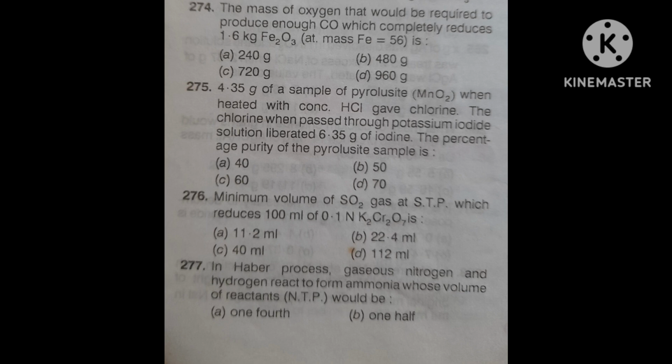Write the reaction N2 plus 3H2 gives 2NH3. So 1 volume nitrogen and 3 volume hydrogen, total 4 volume, gives 2 volume ammonia.